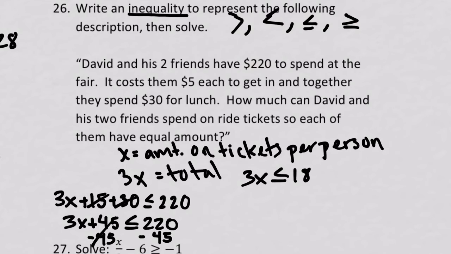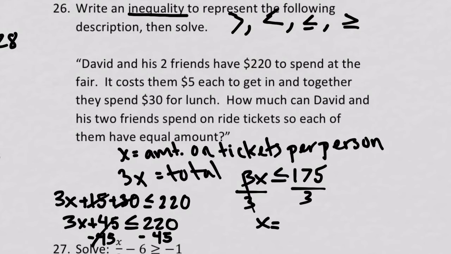185. Wait, is that right? No, that's not right. 175. Let me erase that. 175. Divide by 3. Divide by 3. And we're done. 3 goes into 175.